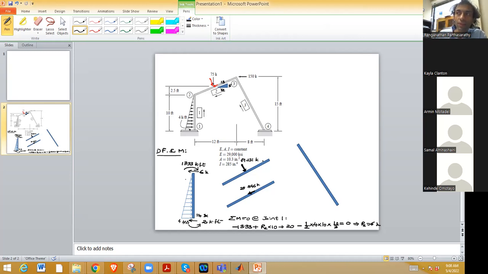Okay, so I need to have equal reactions on either side since it's at the center. So each of those reactions will be 14.423 kips.